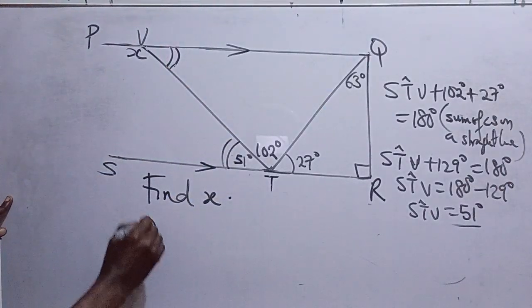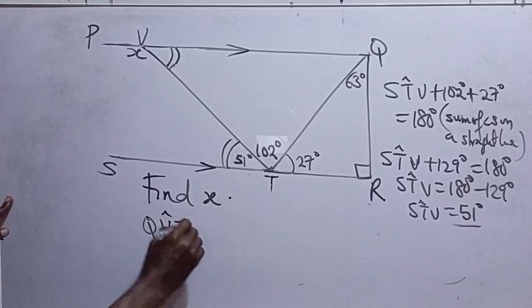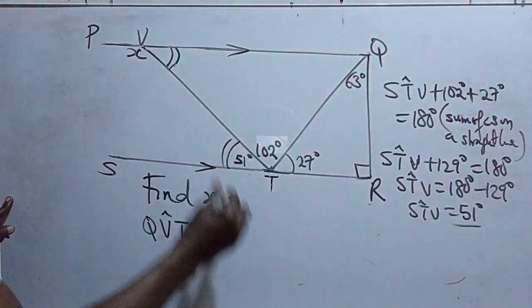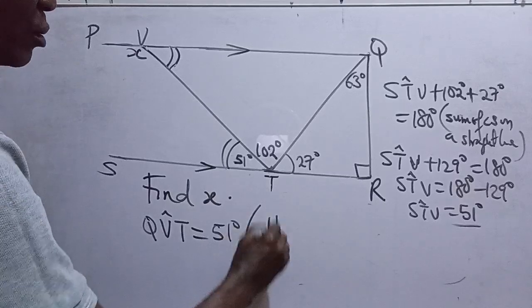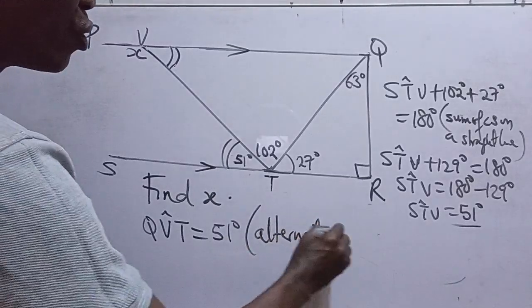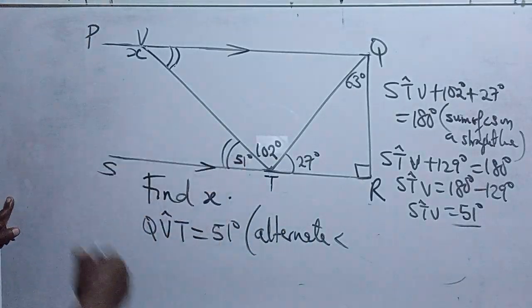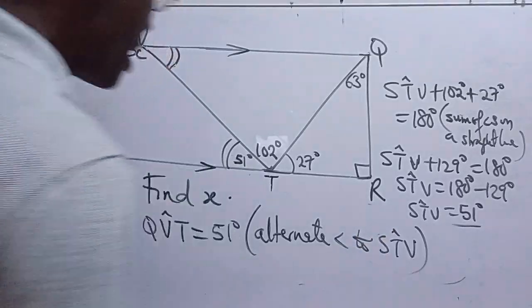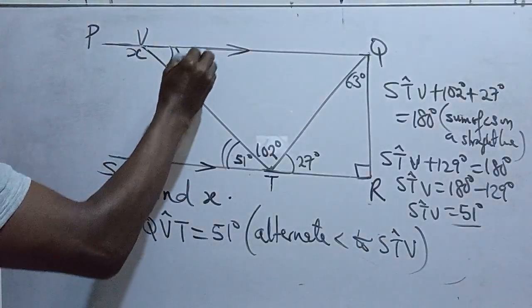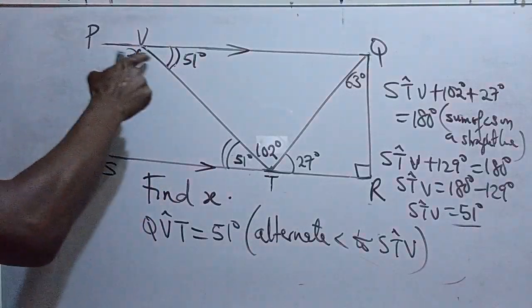Now QVT is going to be equal to 51 degrees. Why? Alternate angle to this 51 degrees, to STV. So this is 51 degrees as well. Now what will be the value of x?